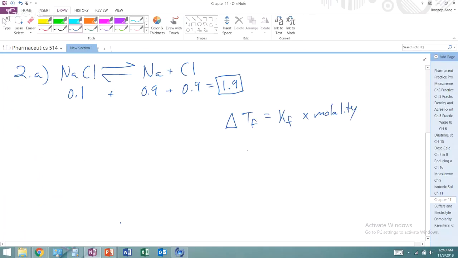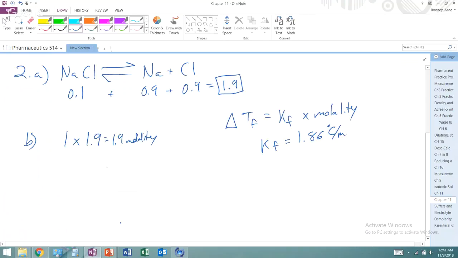Your Kf, your constant, is 1.86 degrees centigrade per molality. So for 1 molar, you're going to have 1.9. So for B, 1 times 1.9 equals 1.9 molality.